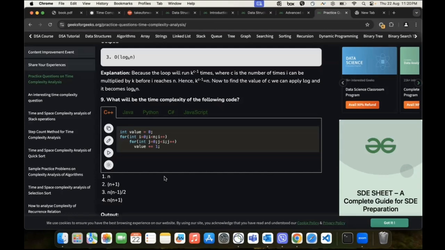What is it? It will become n square only, no? Yes, correct. And the fourth one is n into n plus 1, which means n square only, no? Yeah, it didn't write the order notation, it just wrote the total number of execution steps.